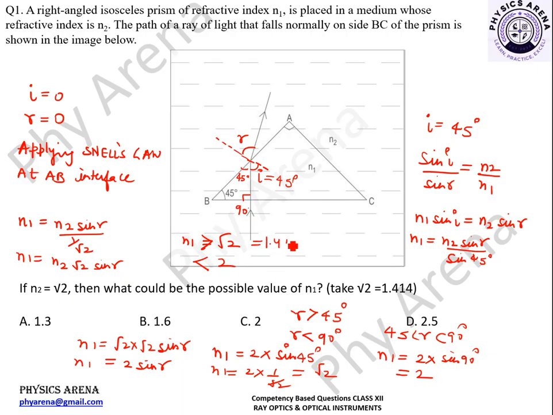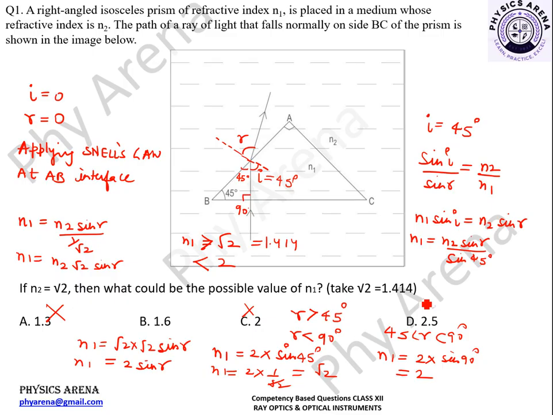Under root 2 is 1.414. So this value is out of question because it is less than 1.4. And then the second value is 1.6. This can be possible because it is greater than 1.4, and we have also concluded that n1 is less than 2.